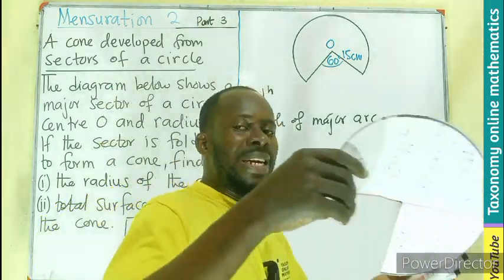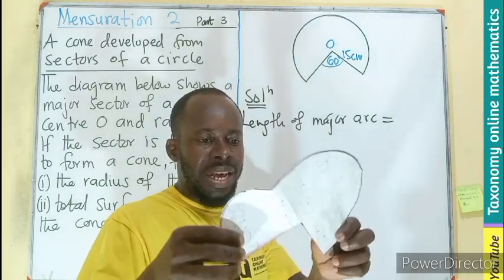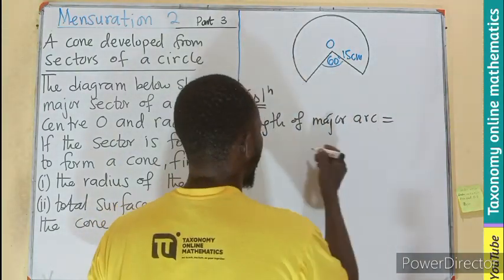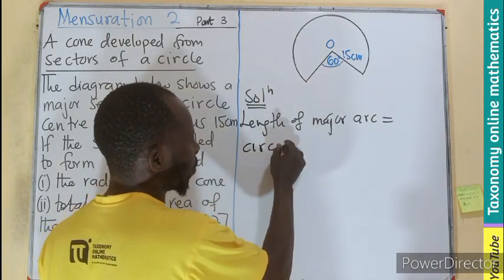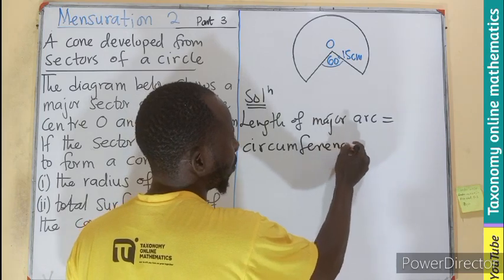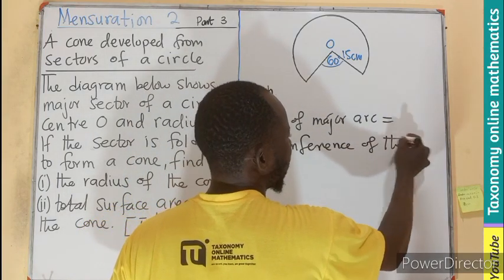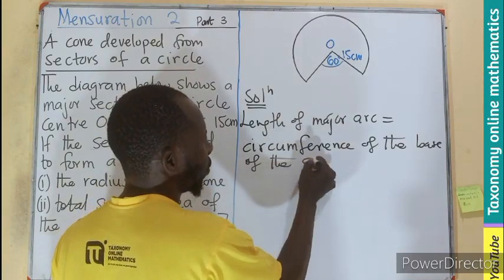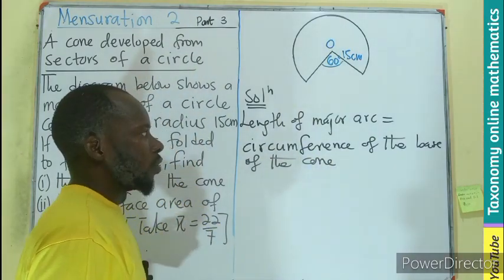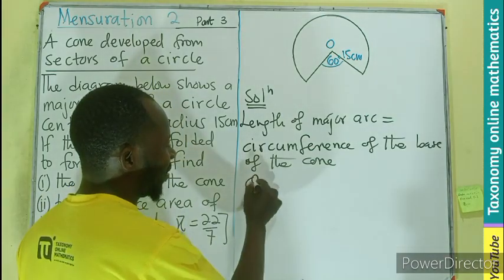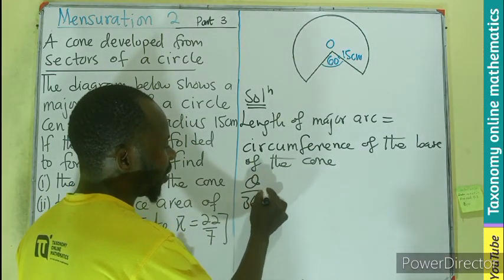It means the circumference of the cone is the same as the length of the arc. So that will be equal to the circumference of the base of the cone.